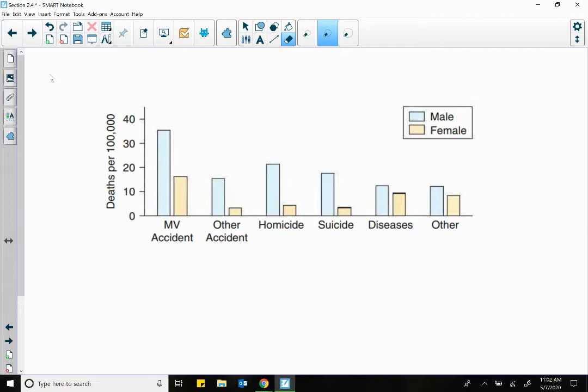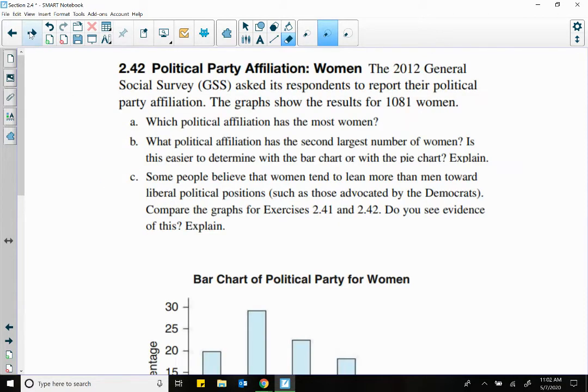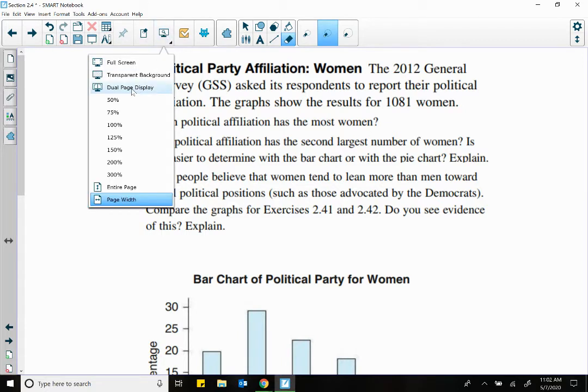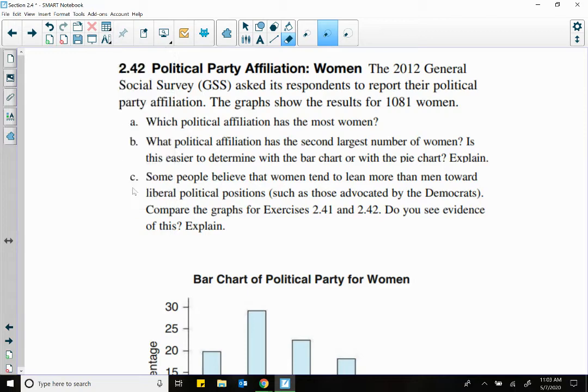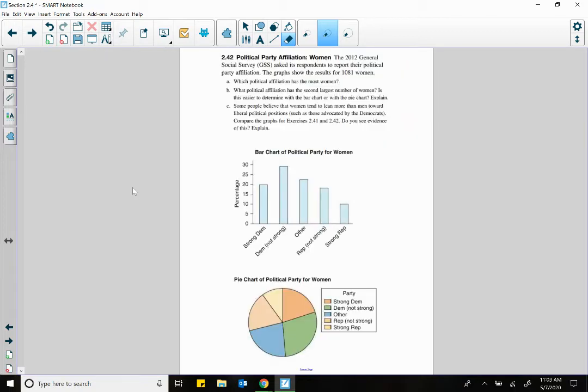Okay? So let's go ahead and let's start looking at homework problems. Okay? So if I go to the entire page of this, so here they've given us some information. So this is the bar chart for the information. This is the women's information.